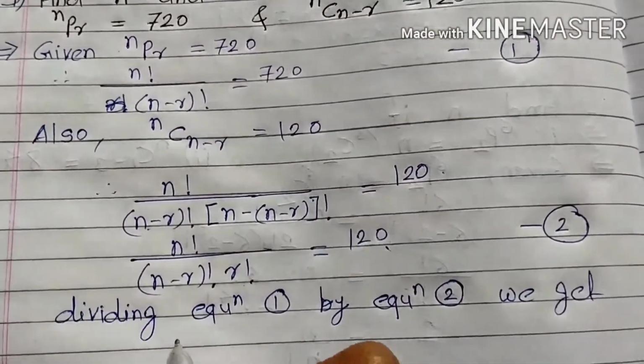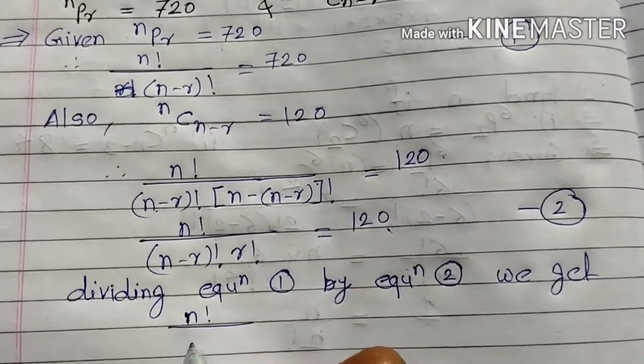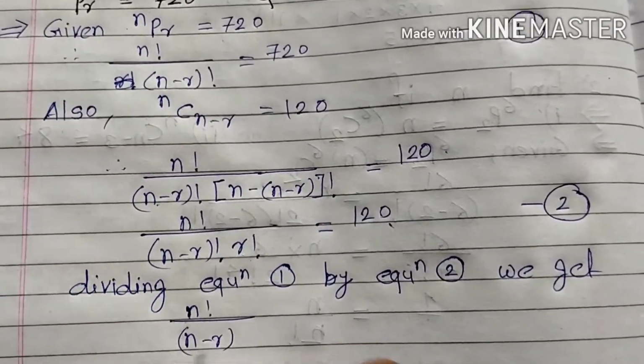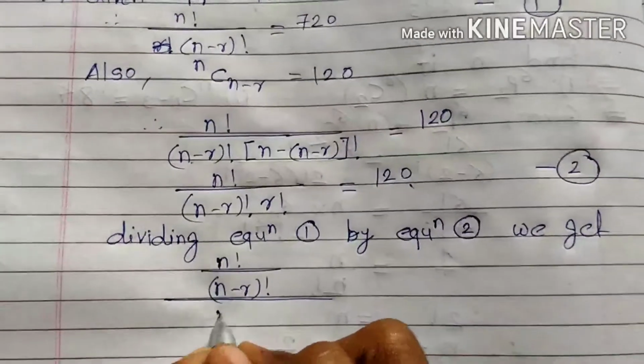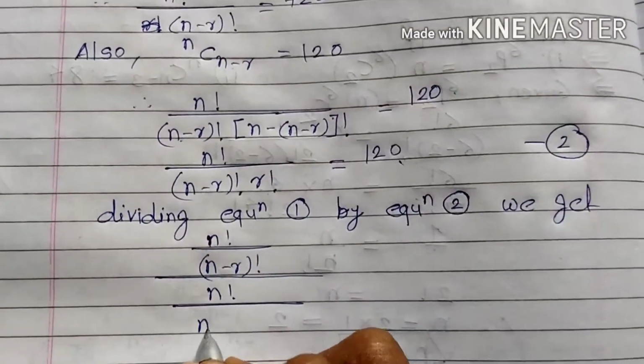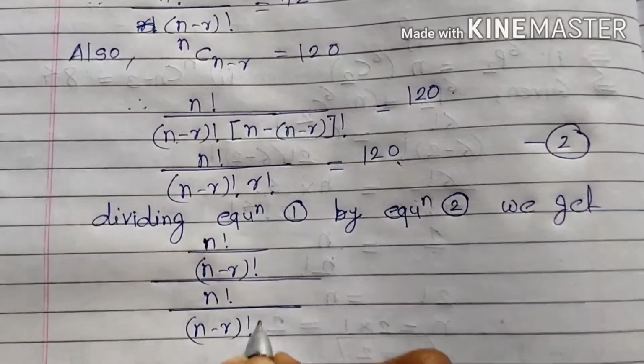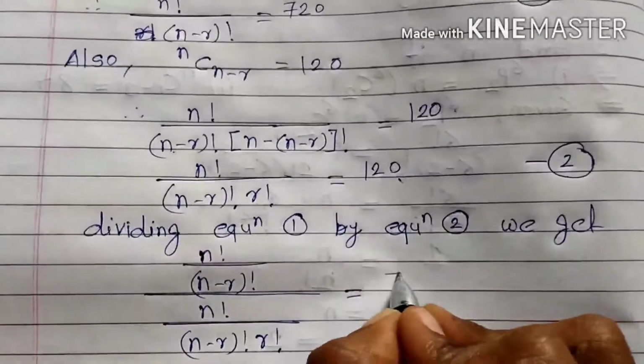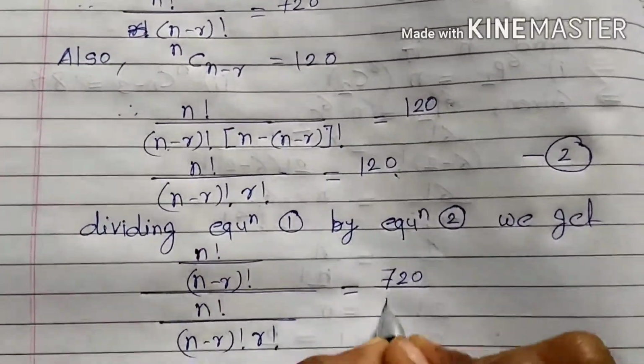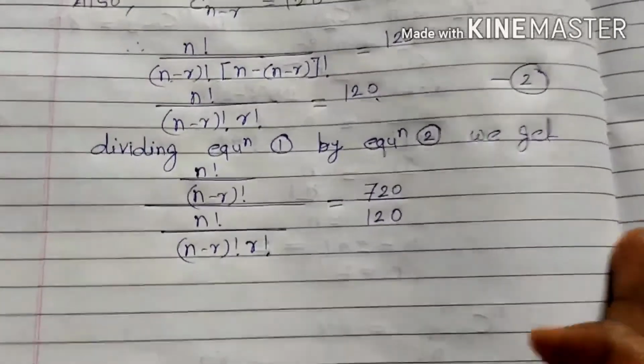So therefore n factorial upon (n minus r) factorial, upon n factorial upon (n minus r) factorial into r factorial, is equal to 720 upon 120.